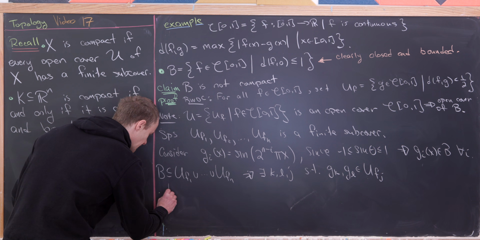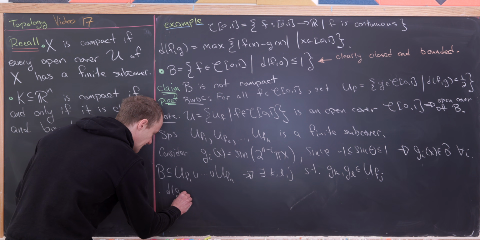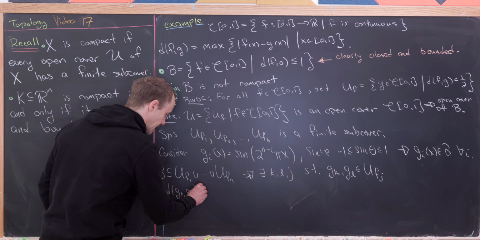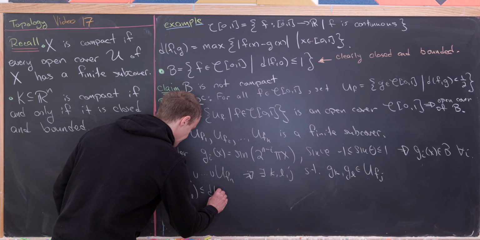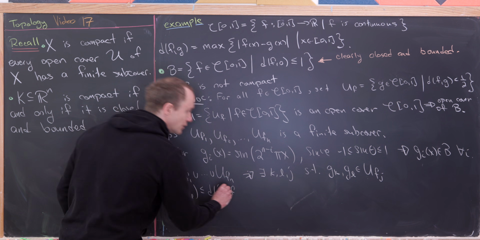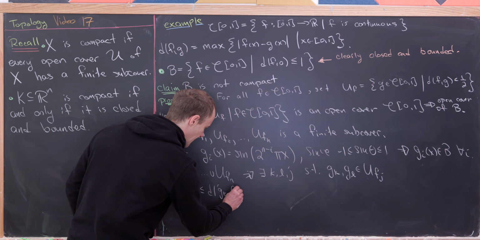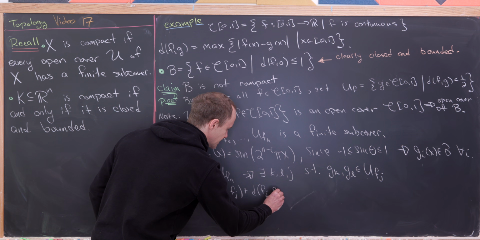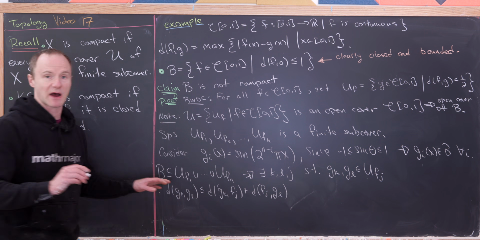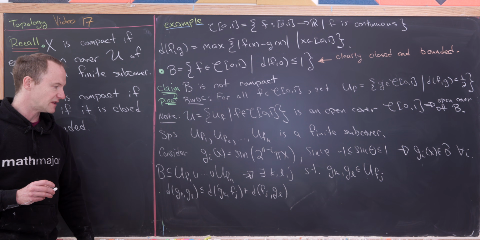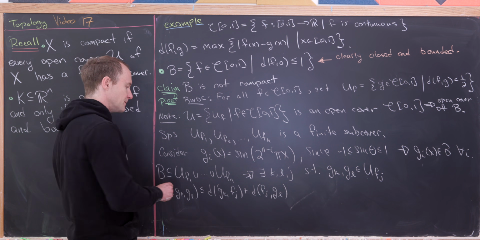So let's observe that the distance from g_k to g_l, by the triangle inequality, is less than or equal to the distance from g_k to f_j plus the distance from f_j to g_l. Again, that's just by the triangle inequality, taking our third point, if you will, to be the function f_j.